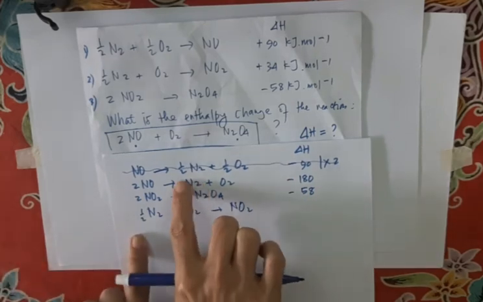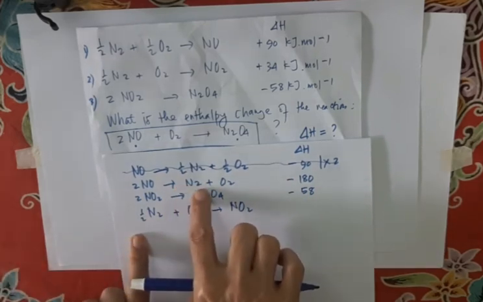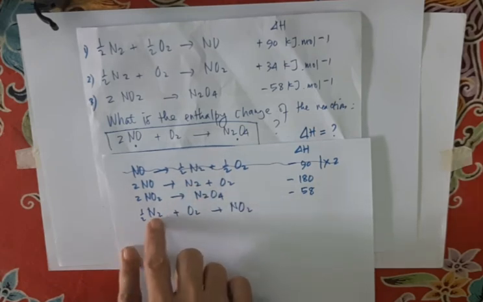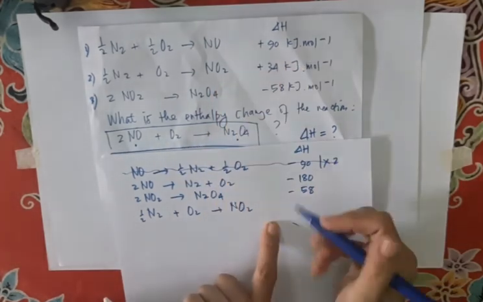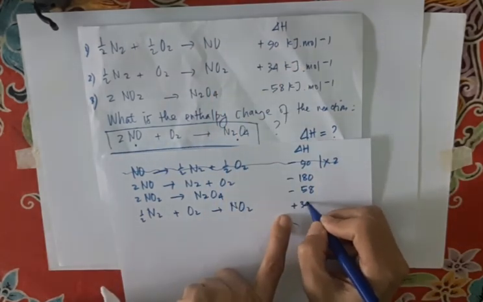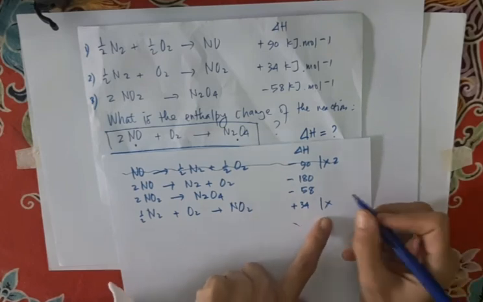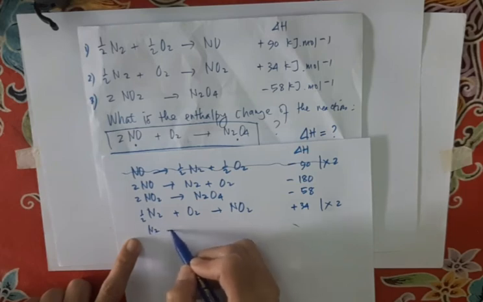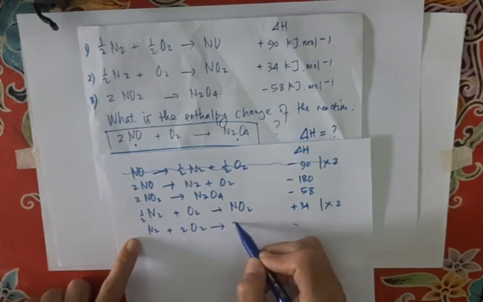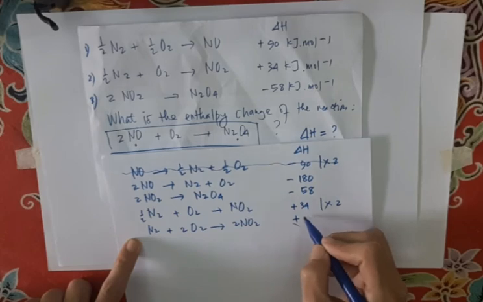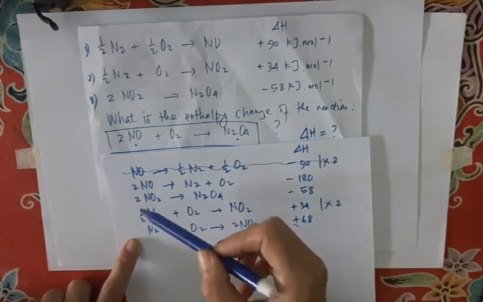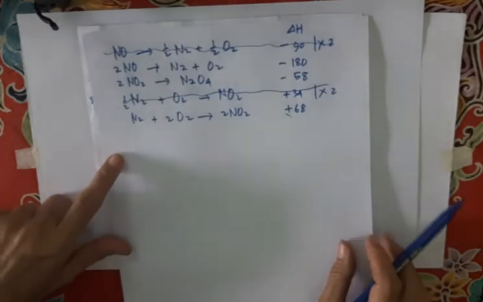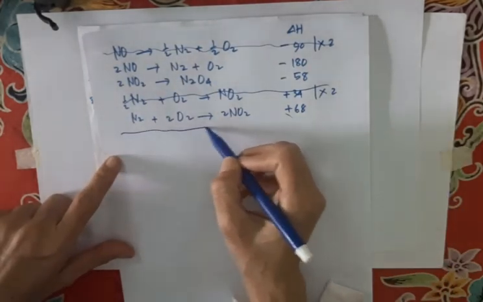The coefficient of N2 here is 1, sorry, it's a half. So multiply by 2. So now you have this, and you don't need this equation. So you can sum them now. Yes.